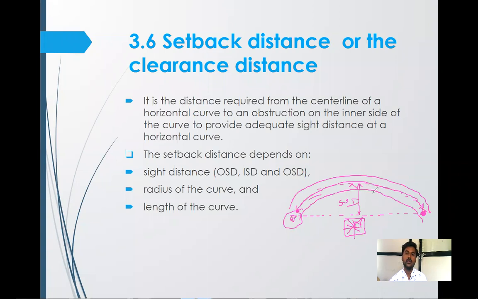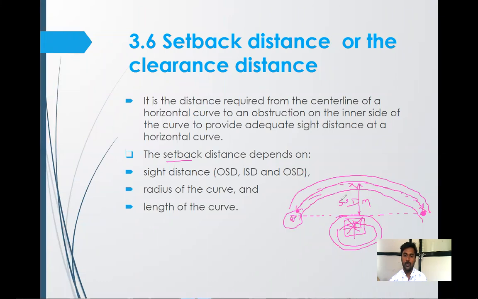The name itself indicates setback, meaning whatever you have to construct here should be back from the center of the curve by some distance, suppose m. That much space from the center line should be provided to the horizontal curve. Within this space we should not go for any construction.